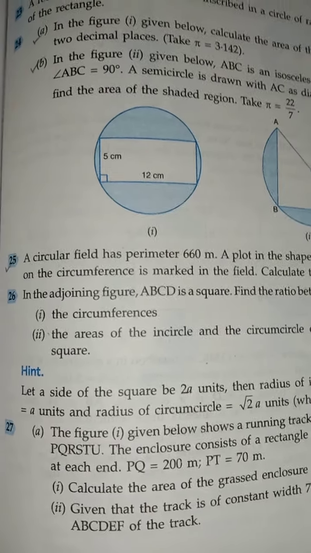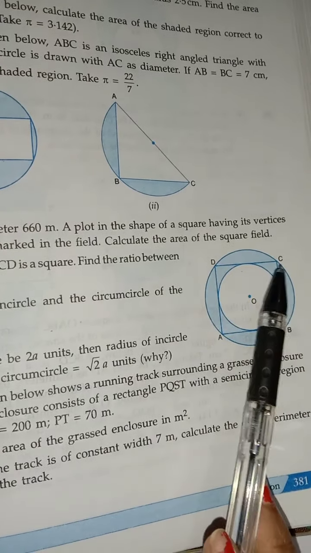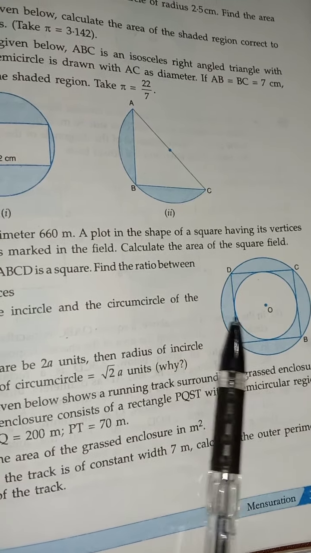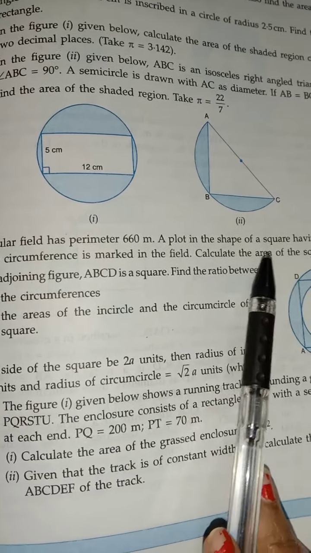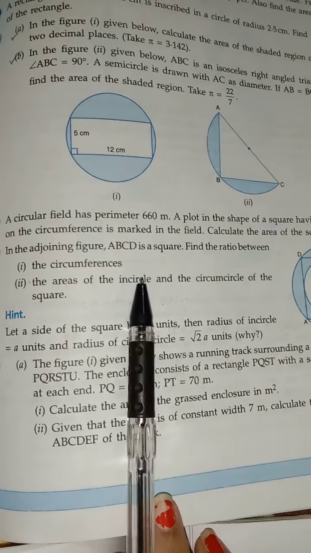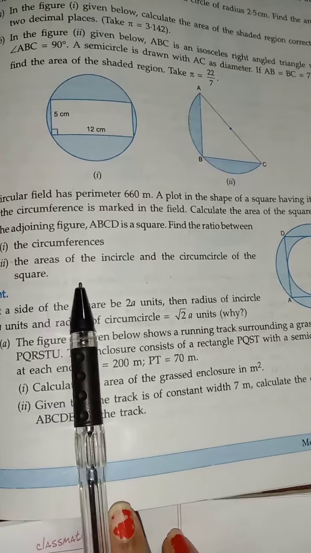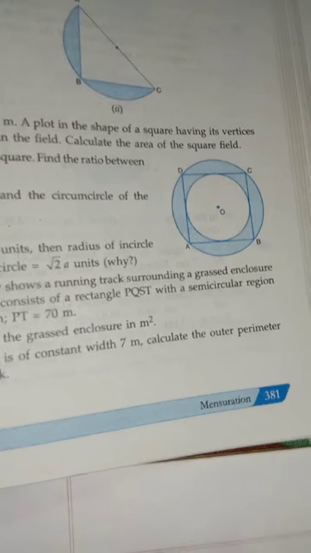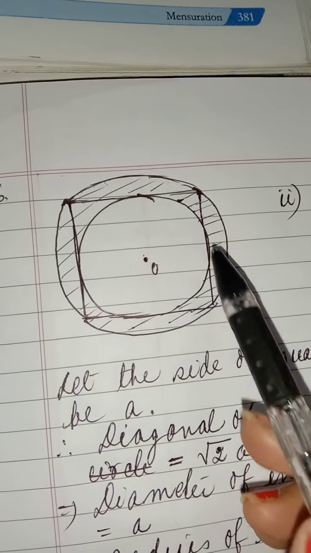The next question is, in the adjoining figure, ABCD is a square. You see this is ABCD, a square. Find the ratio between the circumference and the areas of the incircle and the circumcircle of the square. So here also I have drawn the diagram. This is a square.